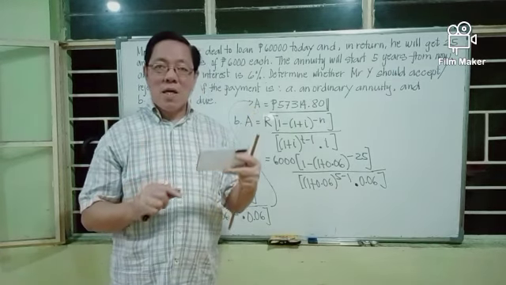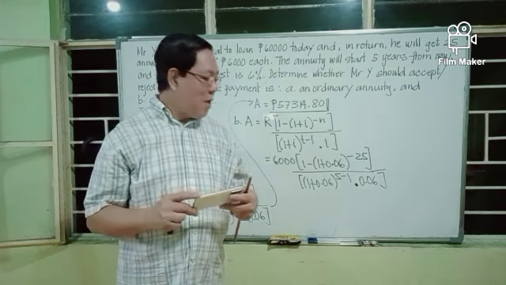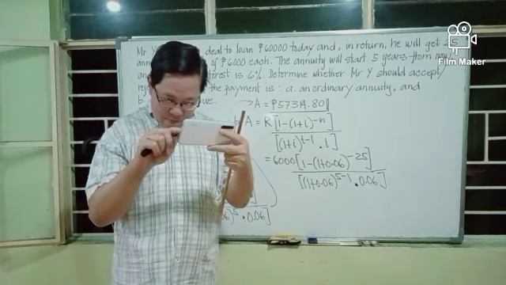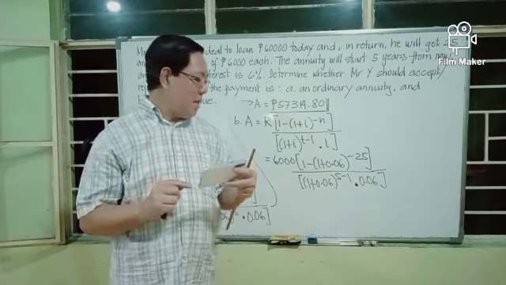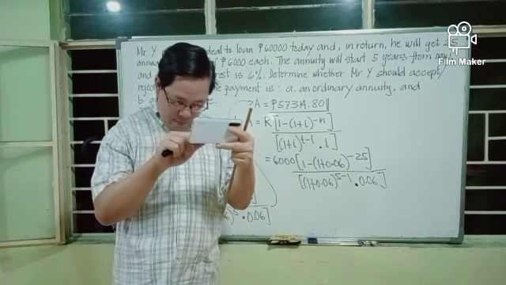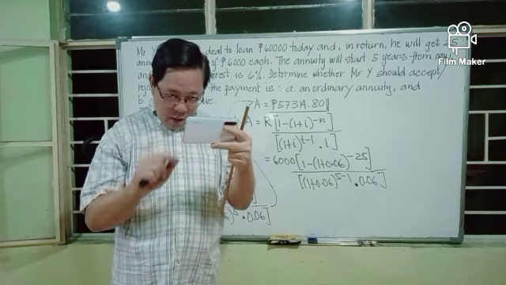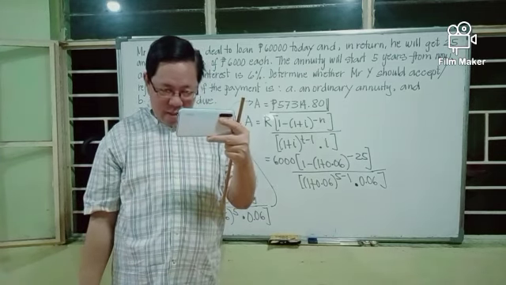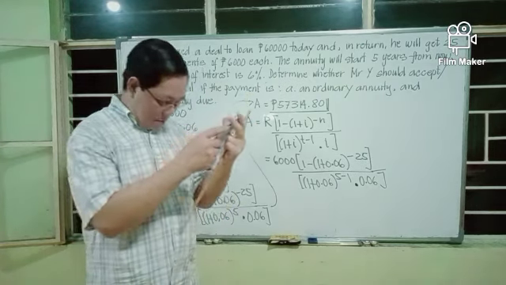Press equals again and divide the result by 0.06. Press equals and divide again by 1.06 to the power 4. And you should get 60,753.69 pesos.